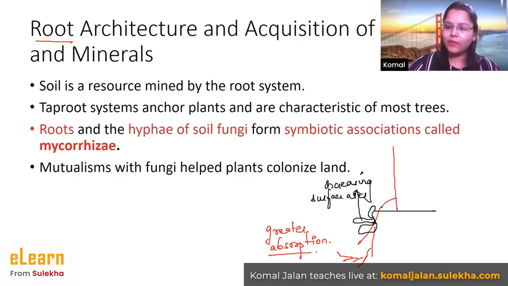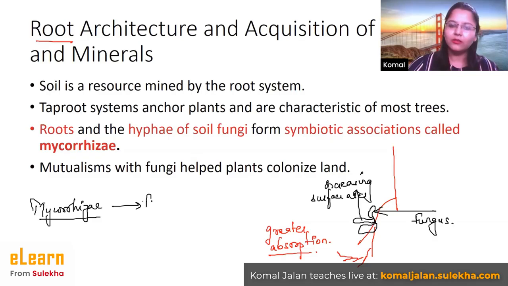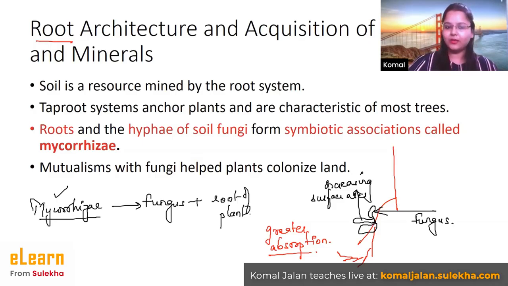These black colored structures are fungus. When any fungus is in symbiotic association with the roots of the plant, it is called mycorrhizae, and these mycorrhizae even increase the surface area of absorption.